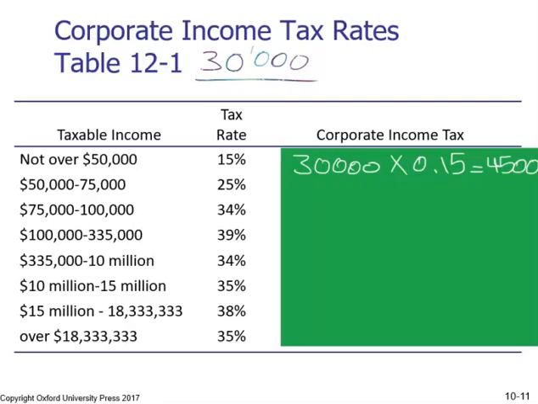Okay, the maximum amount of tax for the first tax bracket will be incurred if you reach the upper bound of the tax bracket, that is 50,000. So the maximum amount of tax that is payable in the first bracket is 50,000 times the tax rate, that would be 7,500.